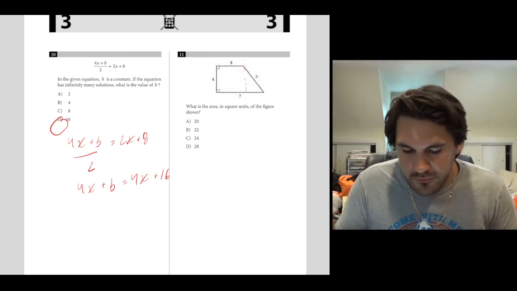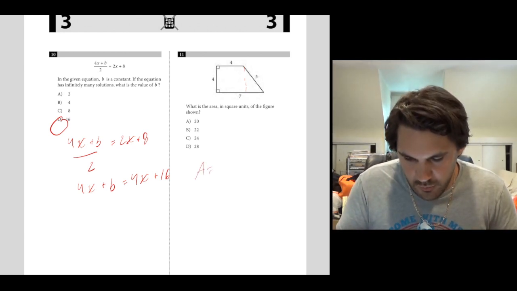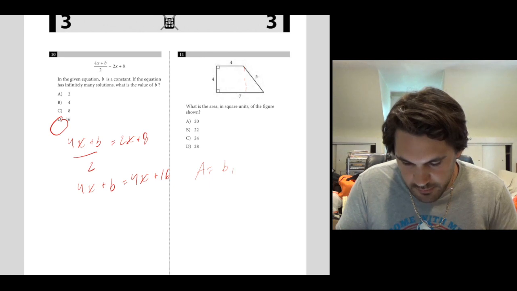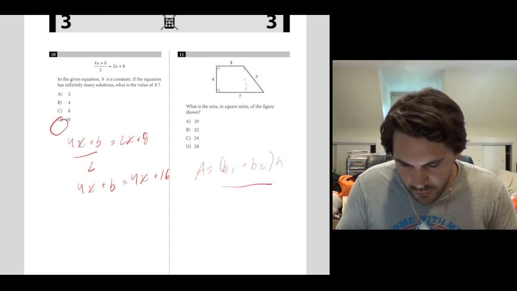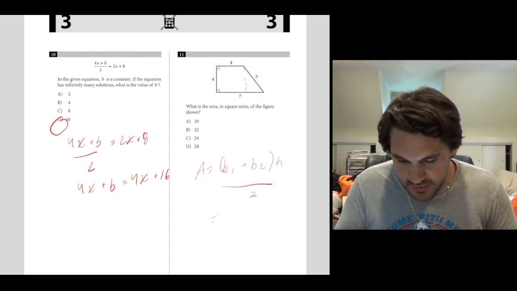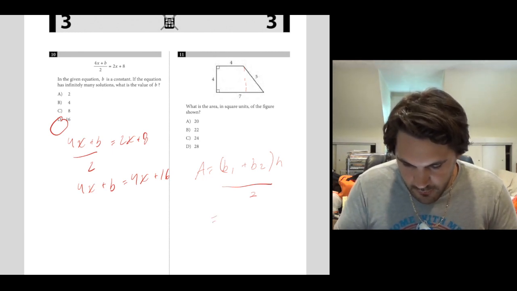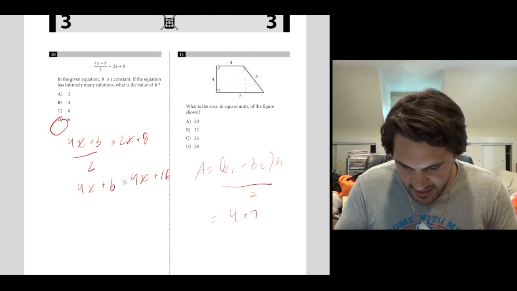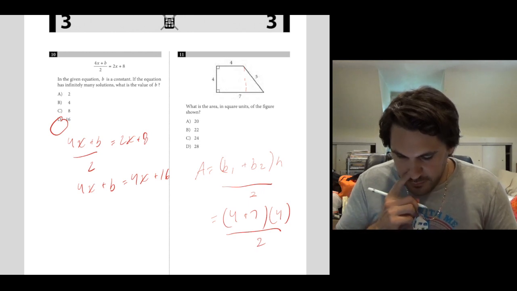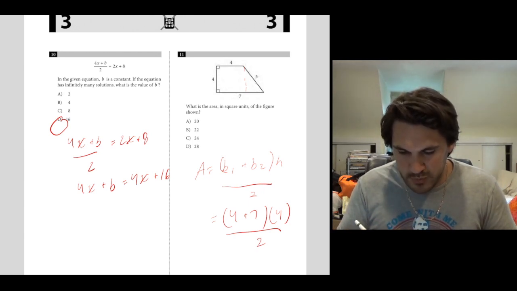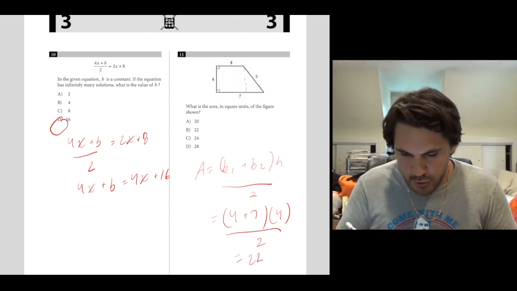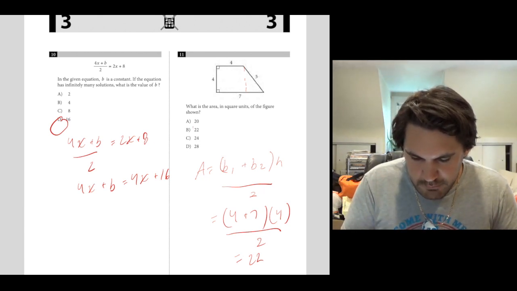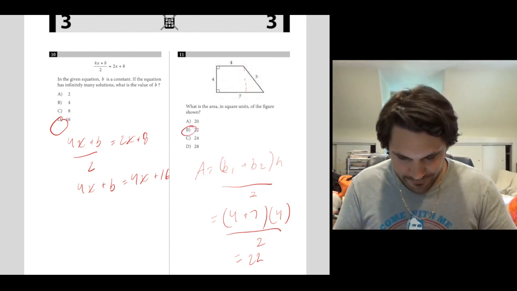Area equals base 1 plus base 2 times the height over 2. So this is going to be 4 plus 7 times 4 all over 2. So 11 times 4 is 44, divided by 2 is 22. So our answer to 11 should be B.